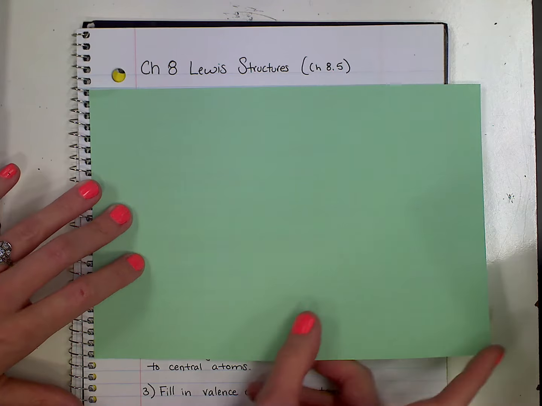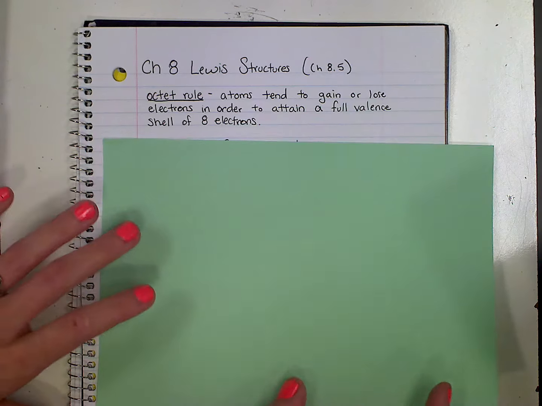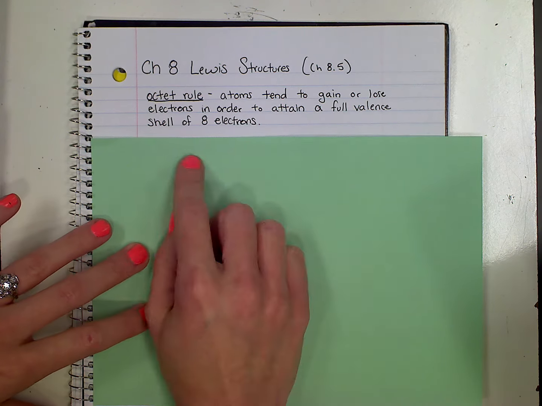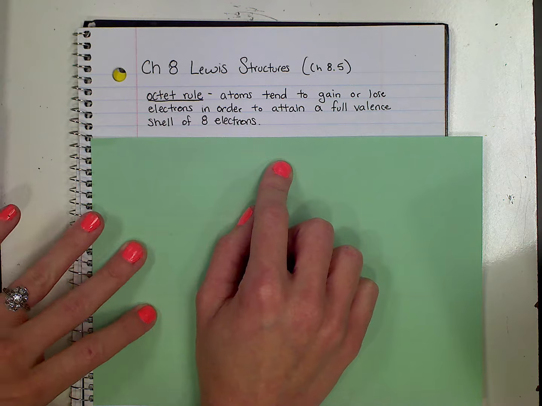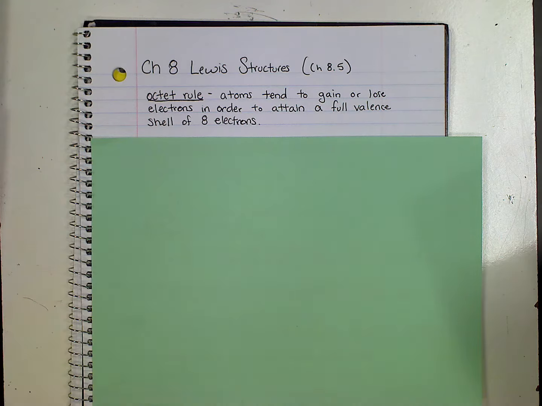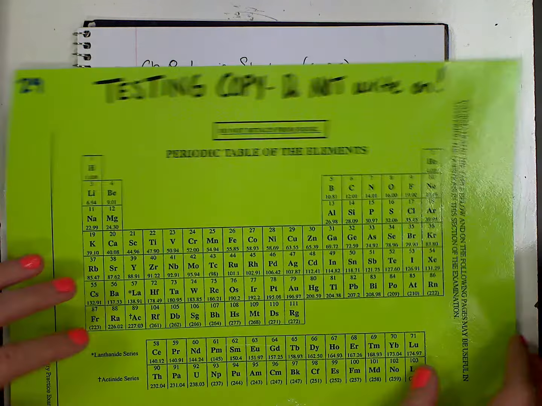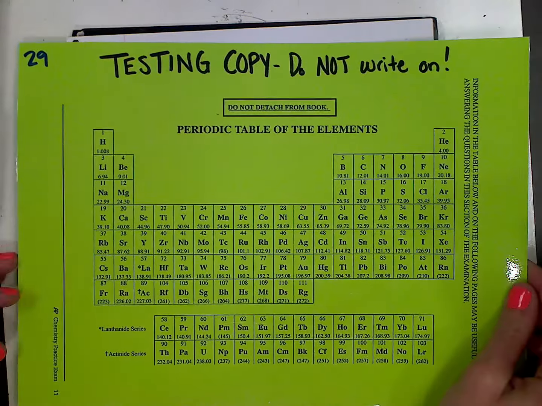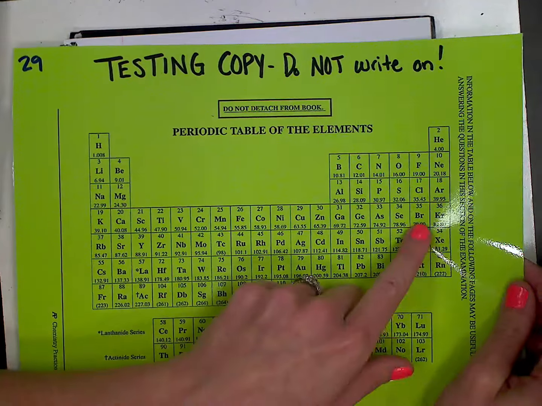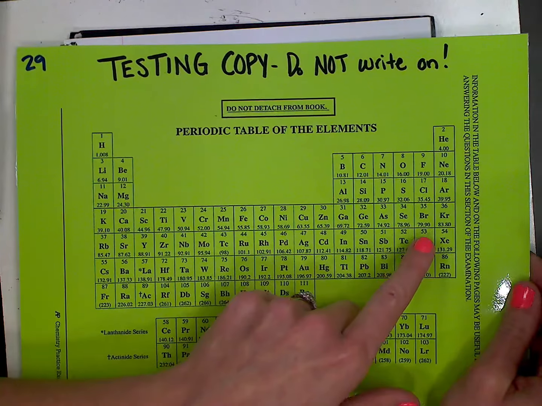The first thing we have to keep in mind when we're doing Lewis structures is the octet rule, which states that atoms tend to gain or lose electrons in order to attain a full valence shell of 8 electrons. To give you a visual on that, think about, for instance, bromine. Bromine is found in the 4th shell.